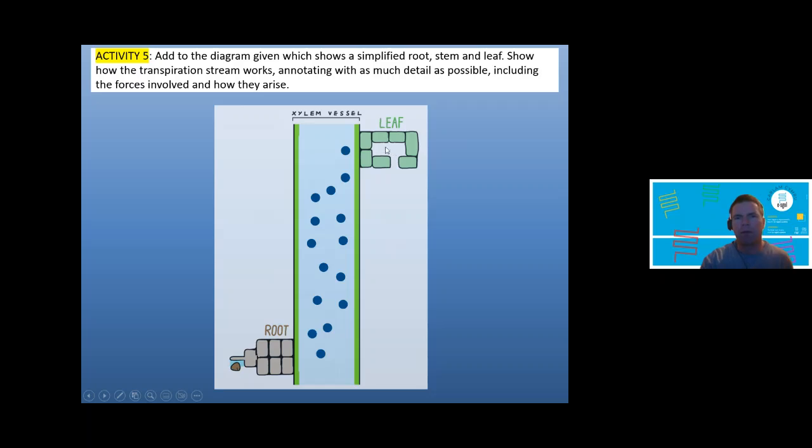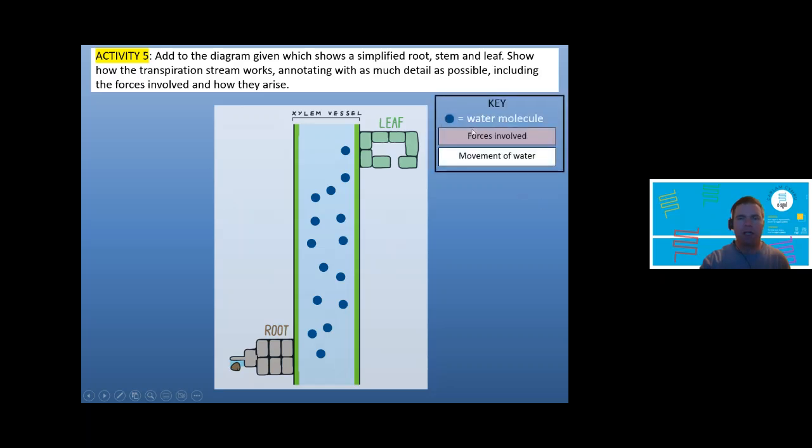And then at the top of this very simplified plant, we have the leaf, and it shows some leaf cells here. And importantly, it shows a stomata present as well within the leaf, which we'll come on to as being that location from which water vapor is lost from the plant. And then these blue dots here are meant to signify water.